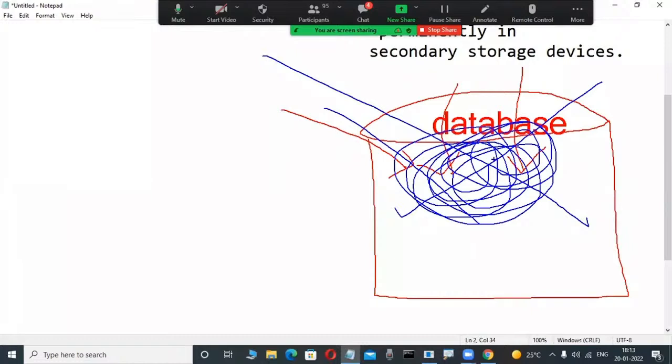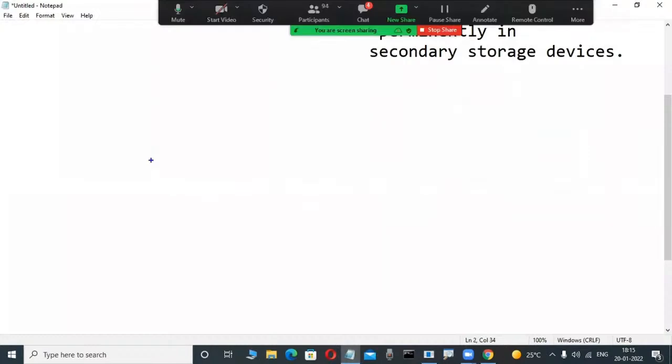These databases only store a structured collection of data. That is important. Nowadays, for storing any random collection of data, some non-relational databases are there, that is MongoDB. That is different. These databases, Oracle, SQL Server, DB2, are relational databases.